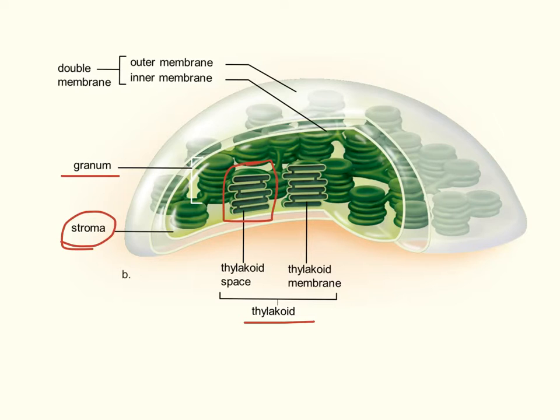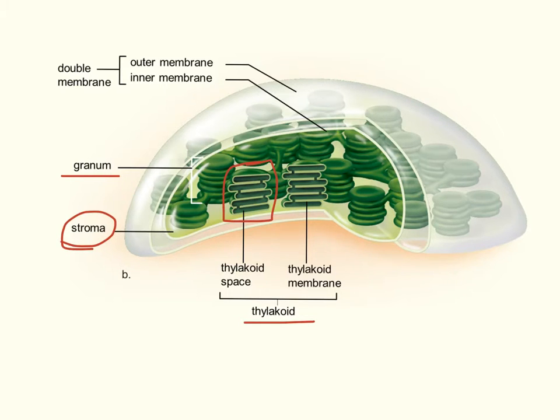Now, within this thylakoid membrane, there are pigments. Pigments are protein molecules that absorb a specific type of light. And they're clustered together, these pigments, into groups known as photosystems within this thylakoid membrane.